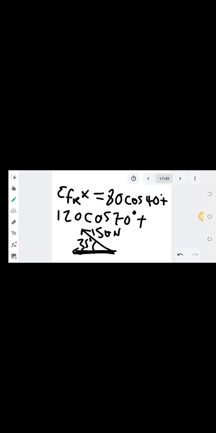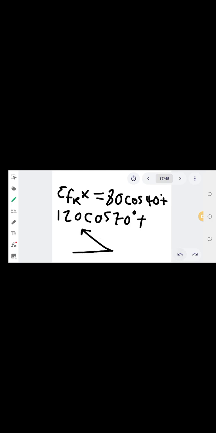For us to have this adjacent, we must use cos, because cos theta is equal to adjacent over hypotenuse. So adjacent is equal to 150 cos 35.